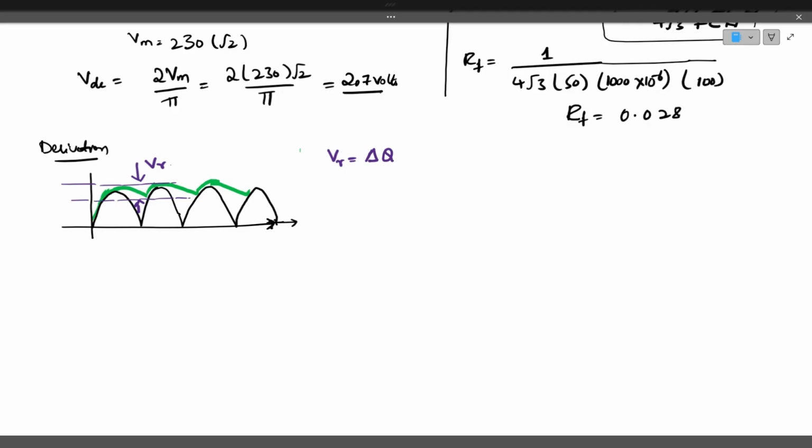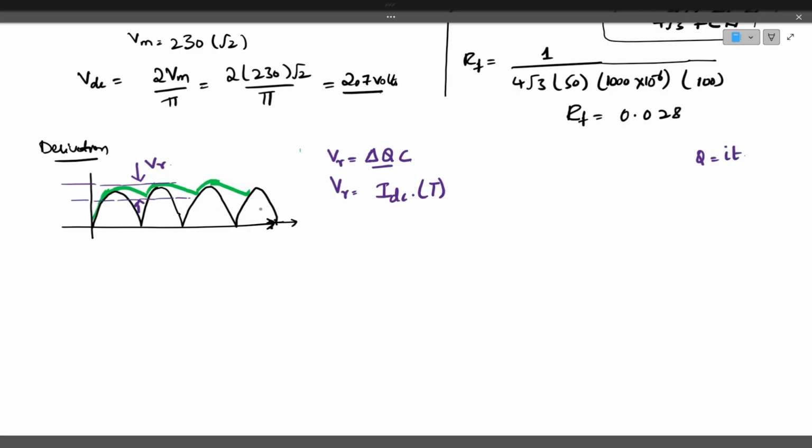The change in the charge can be given as IDC into time period. We know that famous formula, Q equals IT.